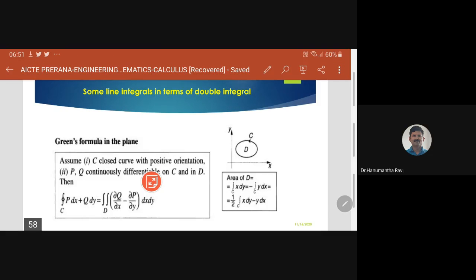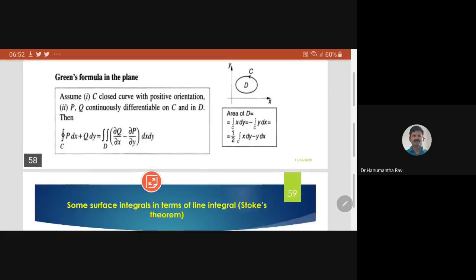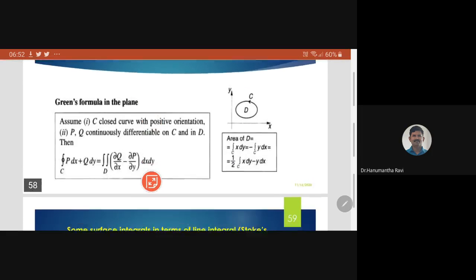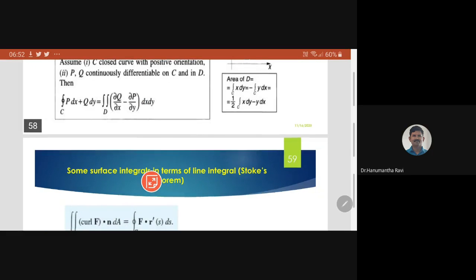On the other hand, certain types of line integrals can also be evaluated in terms of a double integral. That is due to Green's theorem in the plane.